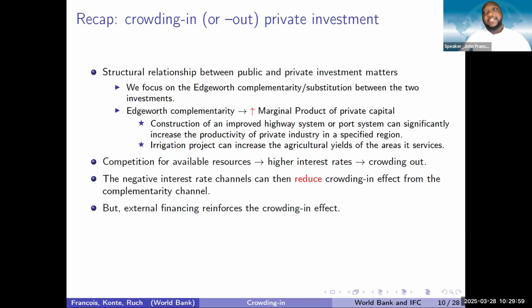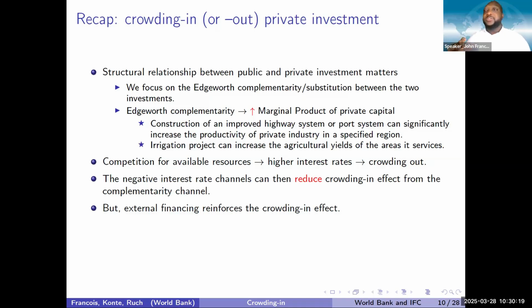However, a good irrigation project can help crowd in private investors, right? Because they know that there's a good system, there's some level of sustainability to help improve their agricultural produce. And this can also bring in other types of businesses like transportation businesses, because there's booming agriculture, amongst other things.